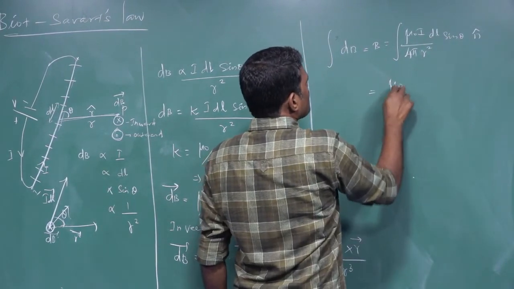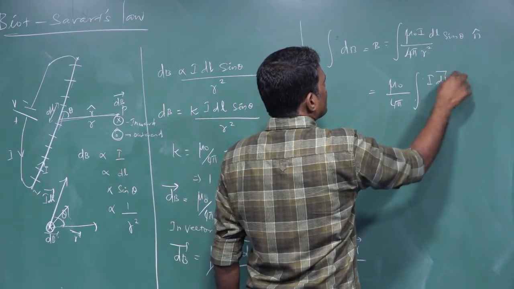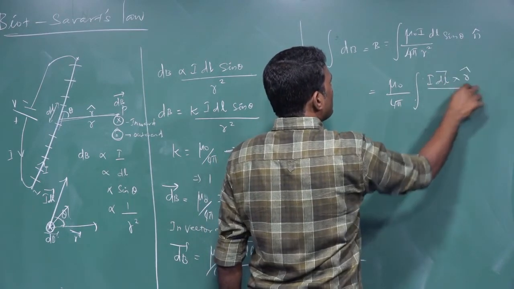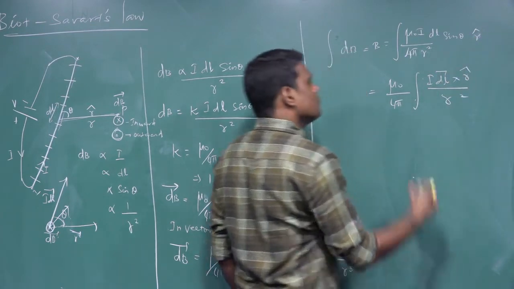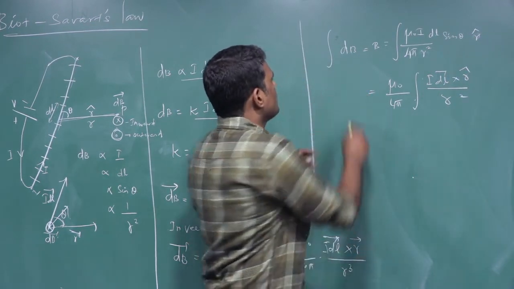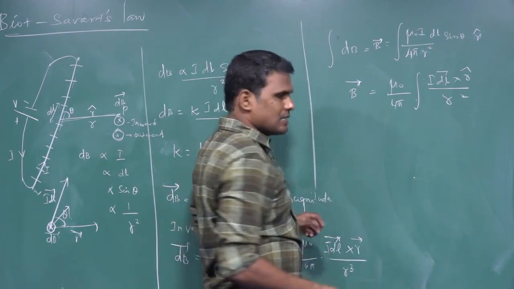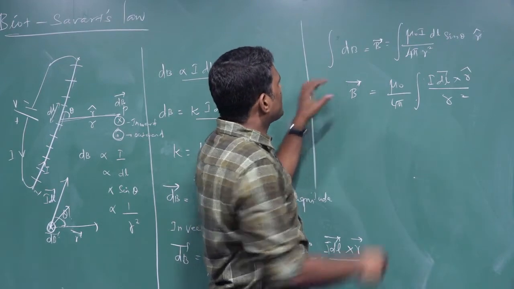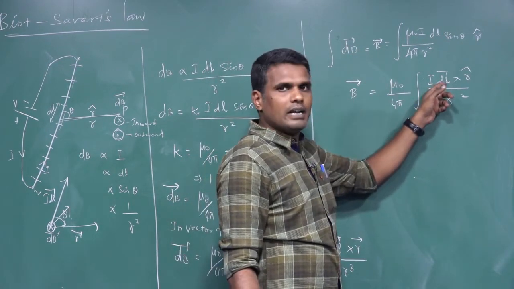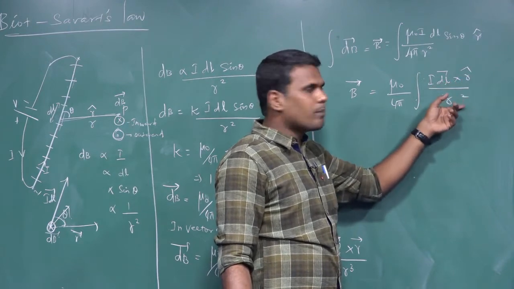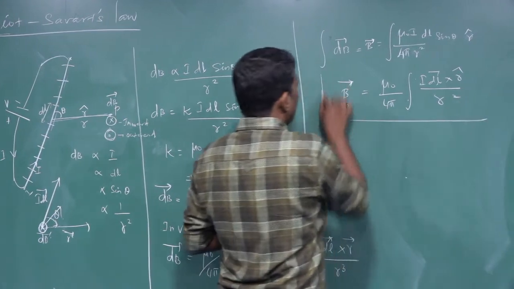I can take out mu naught divided by 4 pi and express this as Idl vector cross r cap divided by r square. I can represent r cap or n cap as unit vectors. So this will give you the total magnetic induction at the point P. B vector is equal to mu naught by 4 pi into the integral of Idl vector cross r cap divided by r square. So this is the expression for Biot Savart's law.